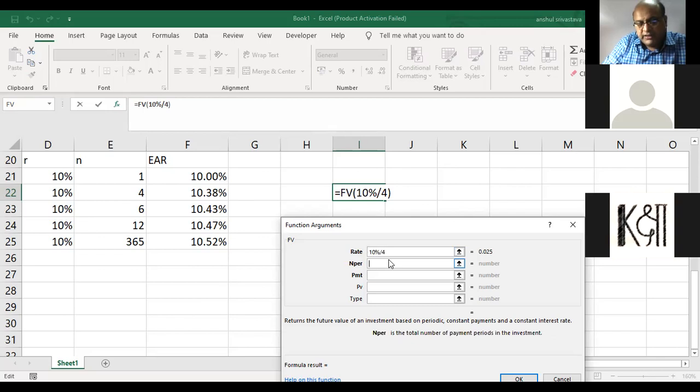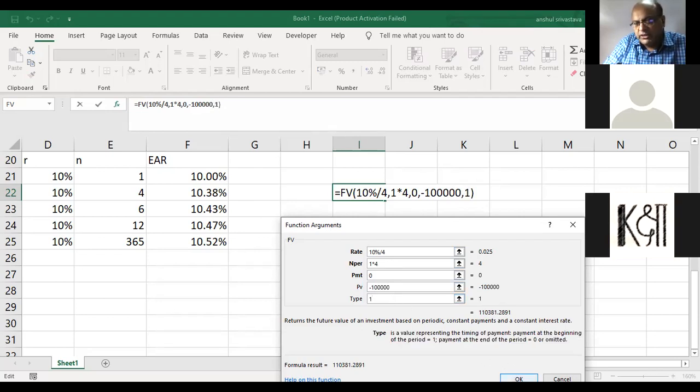Number of periods: with whatever factor you divide the rate, with the same factor you should multiply the number of periods. 1 into 4. PMT is 0. PV is minus 1 lakh. And type is 1 or 0, it doesn't matter because there is no payment.